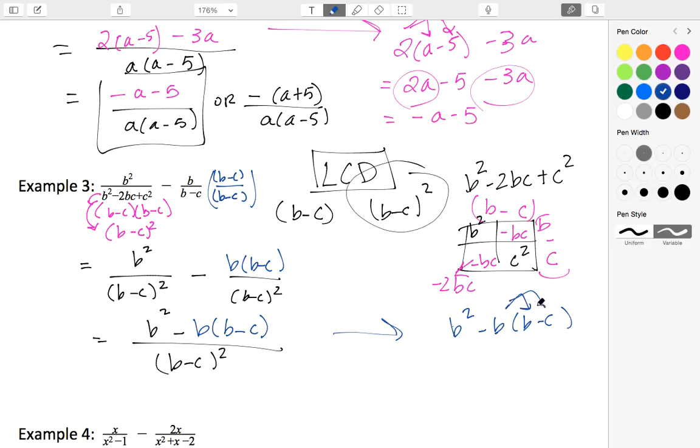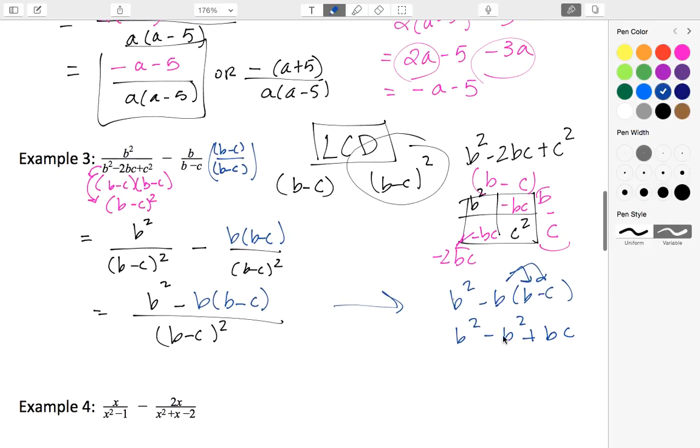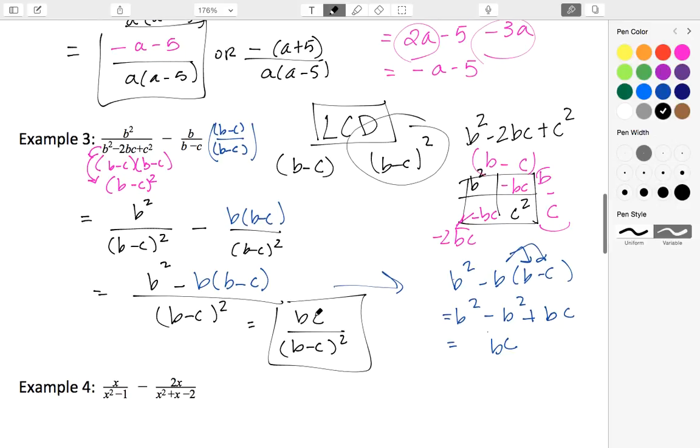I can distribute the b, and I get b squared minus, or plus, bc. And then I notice that b squared minus b squared will give me 0. So I'm just left over with bc. So then my final answer is going to be bc over b minus c squared. Okay.